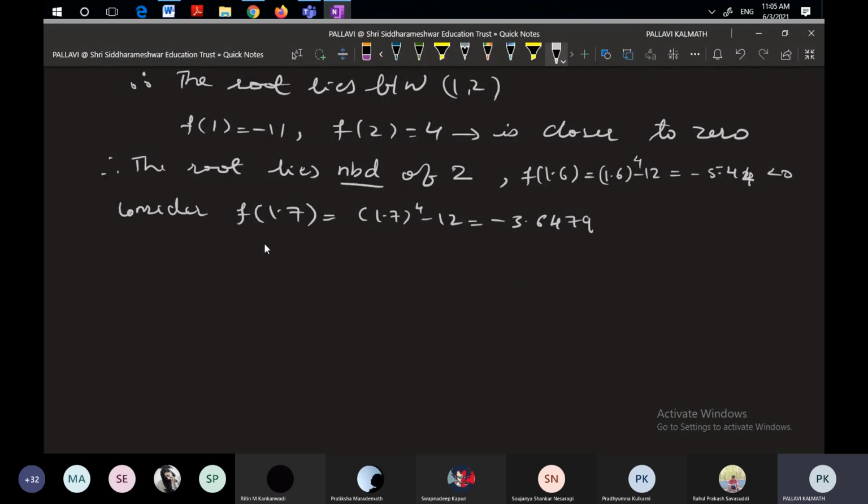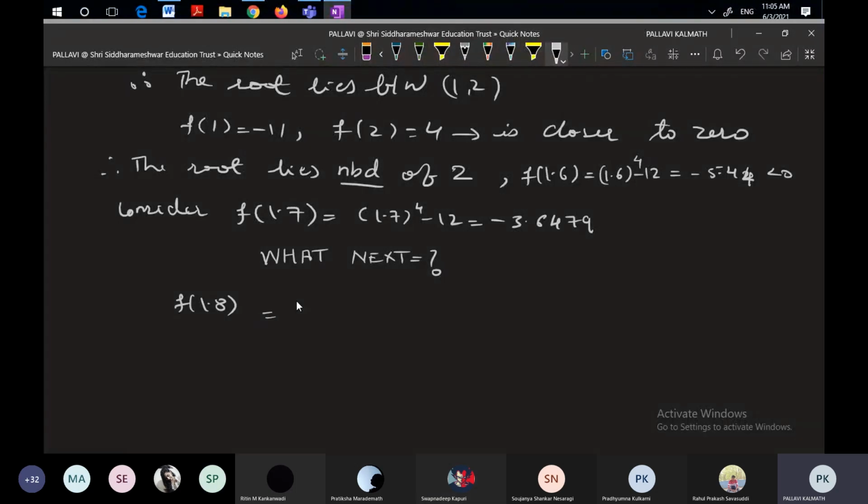What next will you go for? Which value are you going to check? Both the values you got negative. Okay, then 1.8 you are going to consider. 1.8.